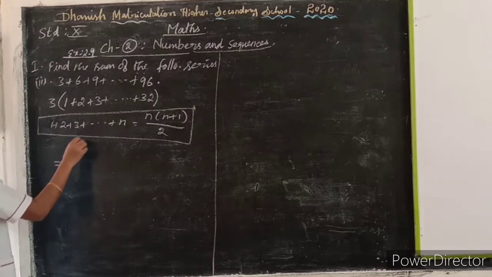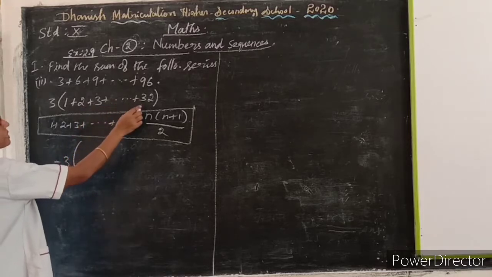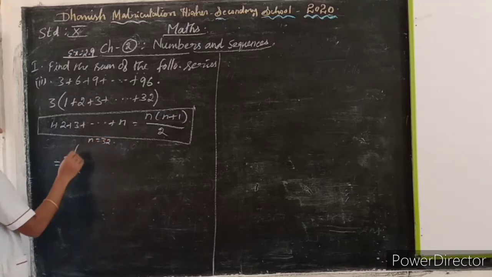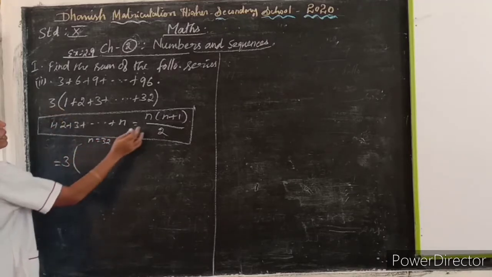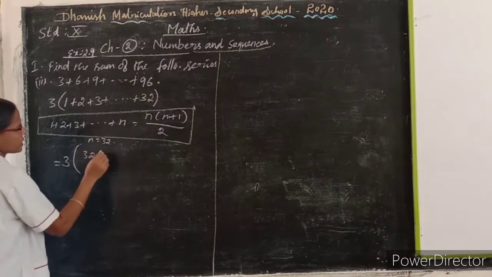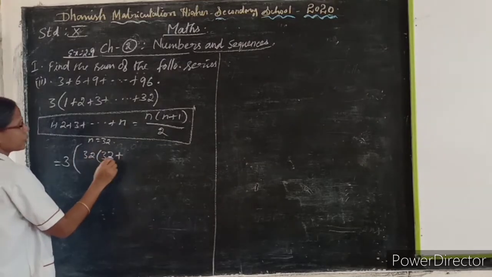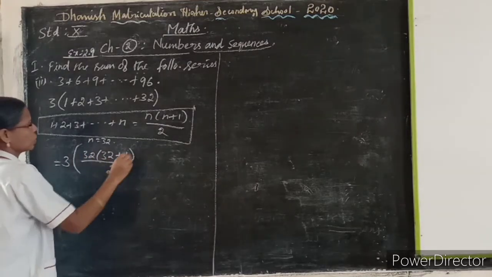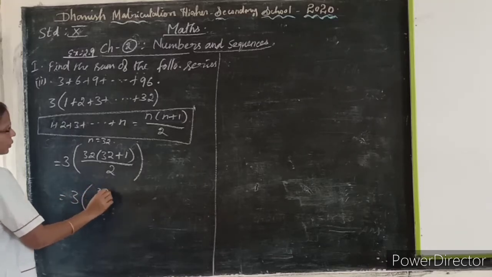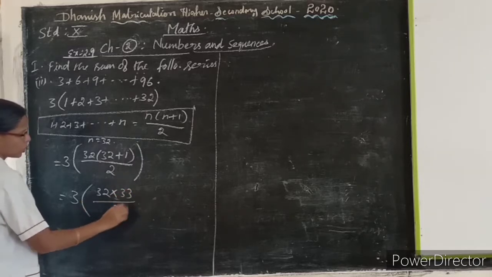Here, inside the bracket, these are the first n natural numbers. The first 32 natural numbers are here, so n is 32. Now substitute: 3 into 32 into (32 plus 1) by 2, that is 3 into 32 into 33 by 2.